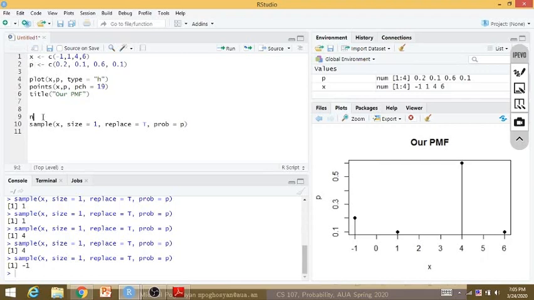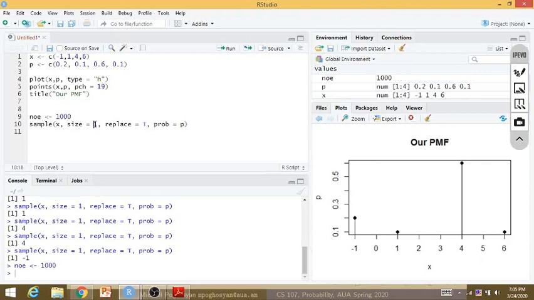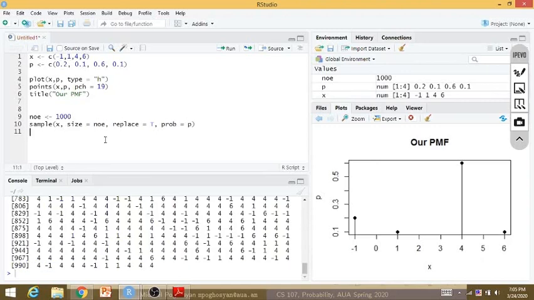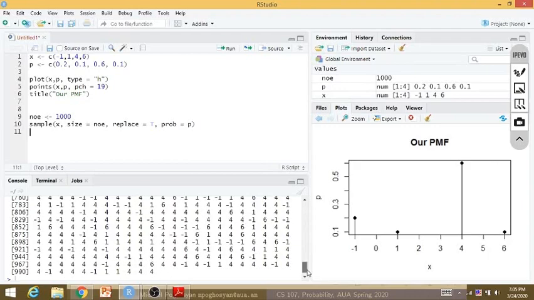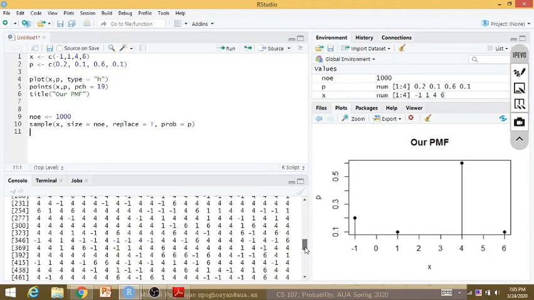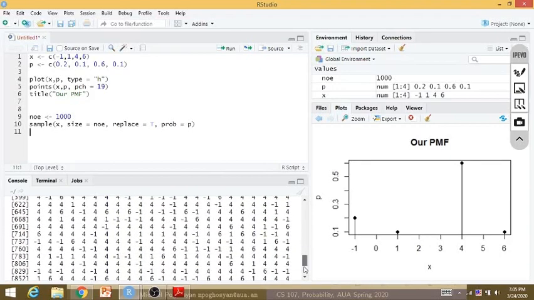So the number of experiments is, say, 1000, and size is the number of experiments. I'm running this and I have 1000 elements with values -1, 1, 4, 6. You can see all values here.